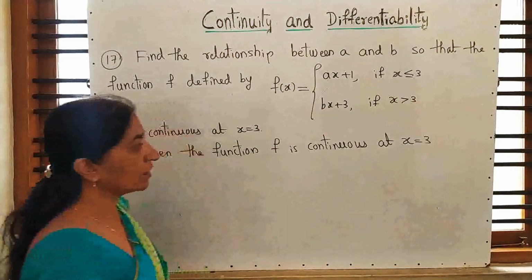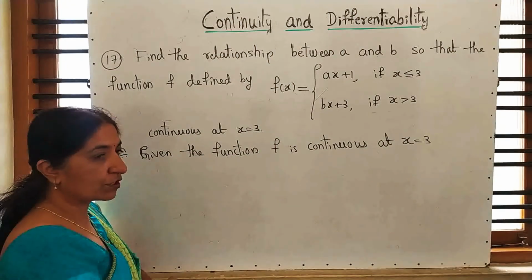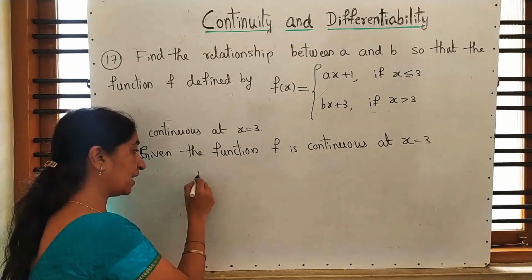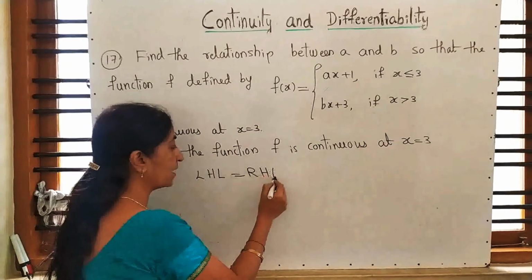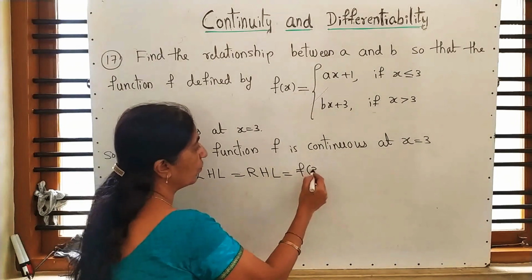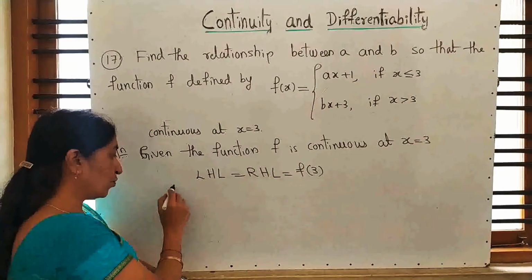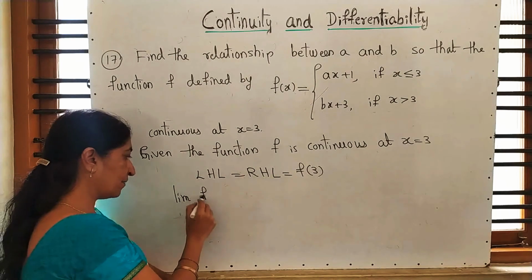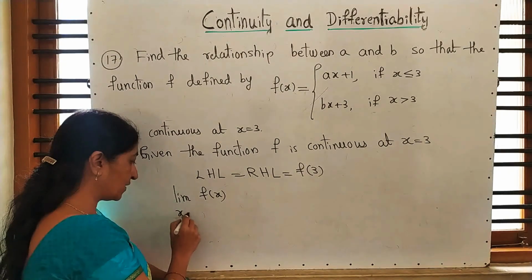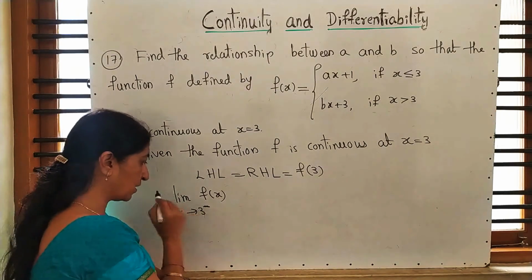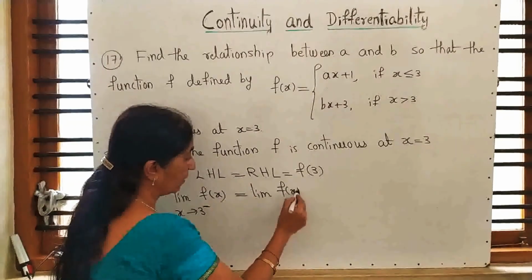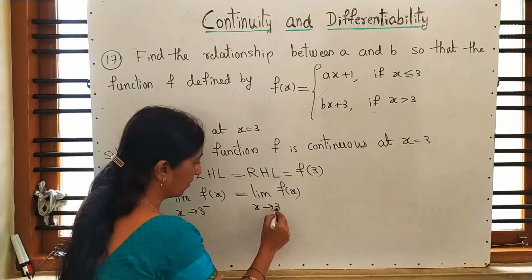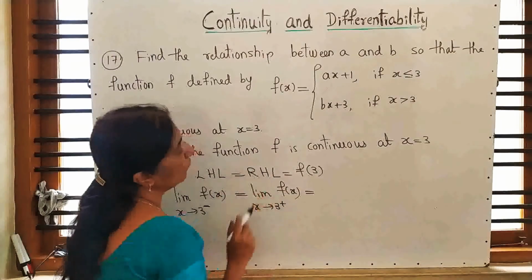See, if the function is continuous at x is equal to 3, that means indirectly they have given you left hand limit is equal to right hand limit is equal to f of 3. So what is the left hand limit? Limit f of x as x tends to 3 minus is equal to limit f of x as x tends to 3 plus. And what is f of 3?